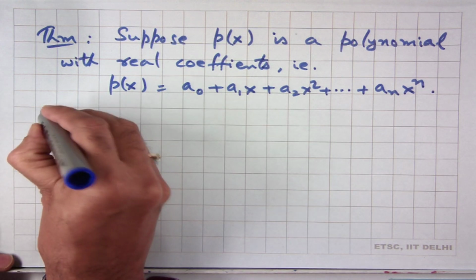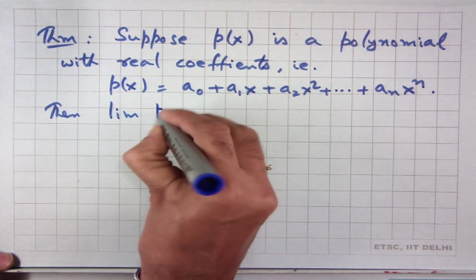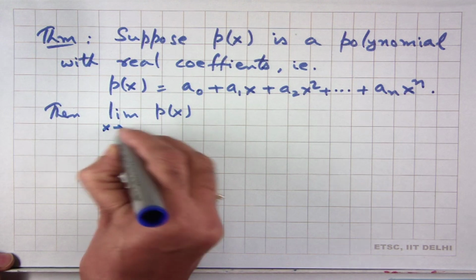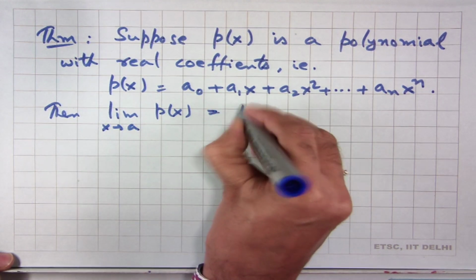Then the limit of p of x as x approaches any a, this is equal to p of a.